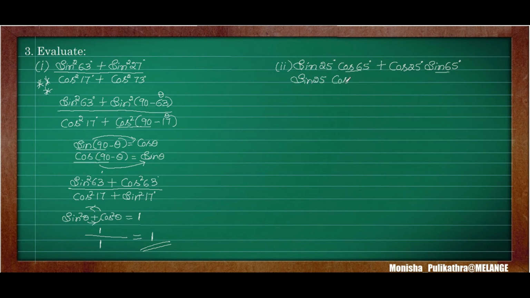Next, instead of 65, I will write 90 minus 25, because 90 minus 25 is equal to 65. Cos 25 I write as it is. Instead of sine 65, I write sine 90 minus 25.